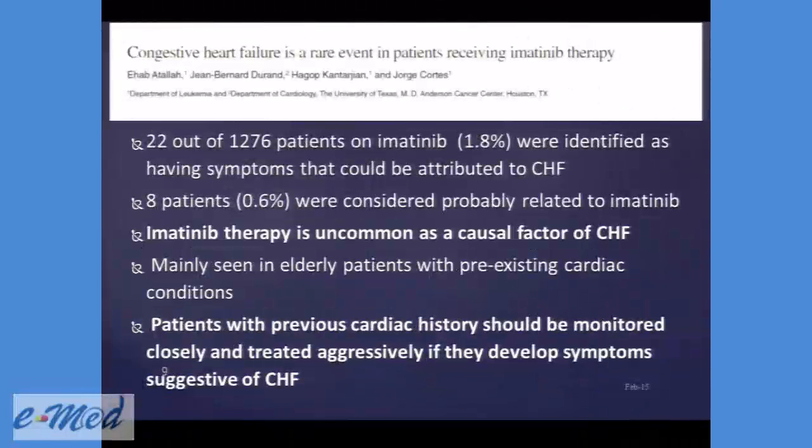In the same year, the group from MD Anderson published a contradicting article reporting on a very low rate of congestive heart failure among patients treated with imatinib and summarized that imatinib is uncommon as a cause for congestive heart failure. In their cohort of 1,200 patients, CHF could be attributed to imatinib in 8 patients only.